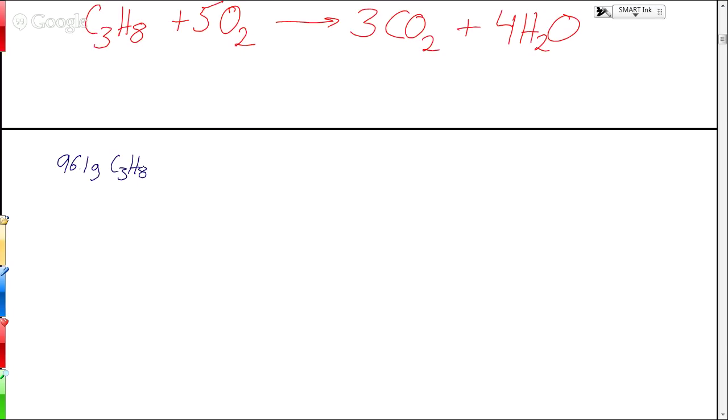So we have that many grams of propane. We've got to figure out how many moles so that we have an actual count of propane. So how are we going to do that? How do we get moles? Molar mass, right? Like we've just been doing. So let's do that.